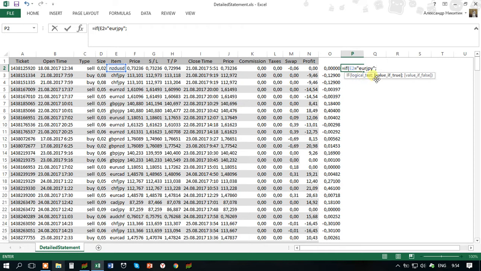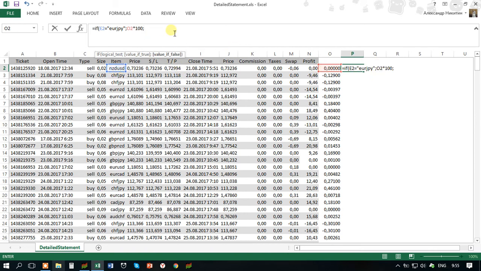If it is this, then you should do that value if it is true. What should be the value if this is true? I want this to be multiplied by 100. 100 is the 3-digit number: 1, 2, 3. Because of 3-digit, if it is euro yen, it should be 3-digit.